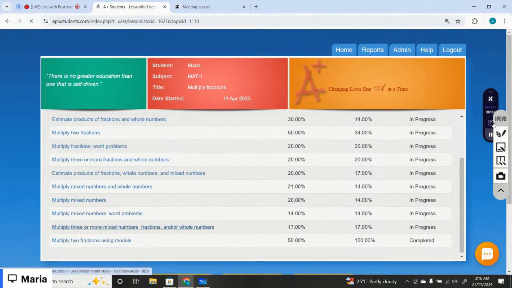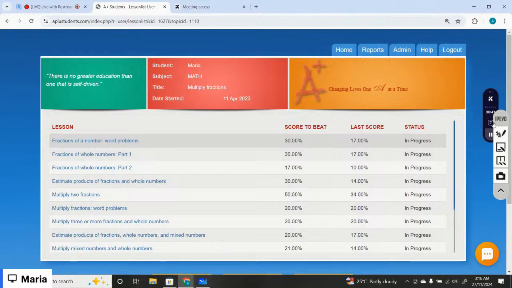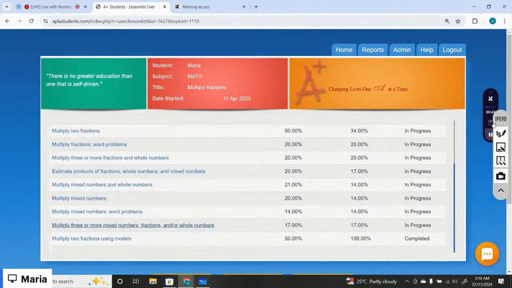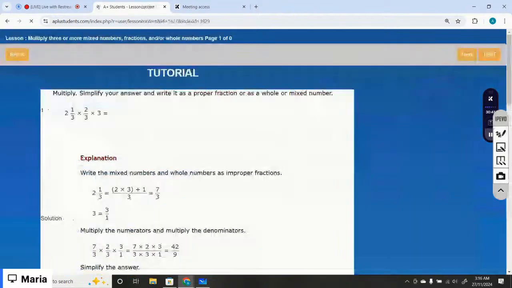The next lesson is multiply three or more mixed numbers, fractions or whole numbers. 2 whole 1 by 3 times 2 by 3 times 3.